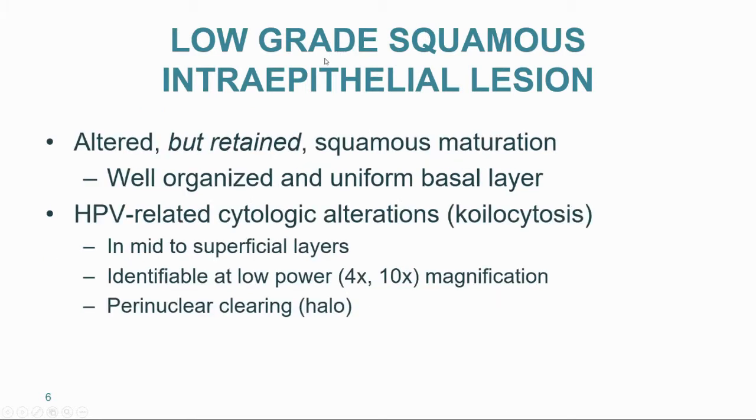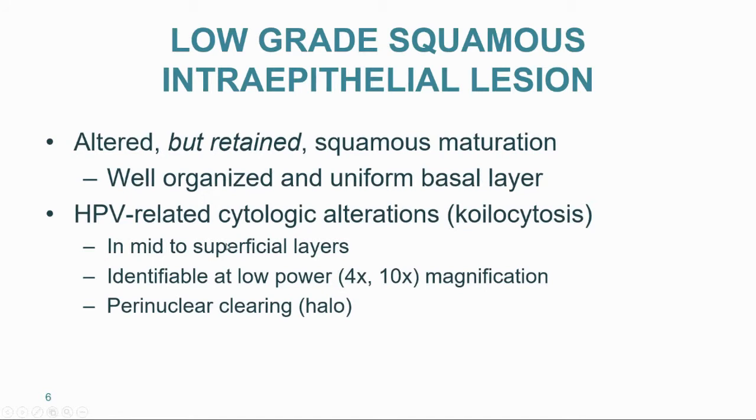The features of a low-grade squamous intraepithelial lesion are basically cytologic in a squamous cell population that retains squamous maturation. So we are going to see a well-organized and uniform basal layer. And as the squamous cell population matures, we're going to see alterations in the nuclear and cytoplasmic cytomorphology of the squamous cells, which we denominate as koilocytosis.